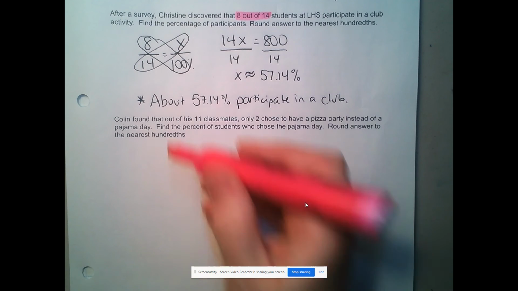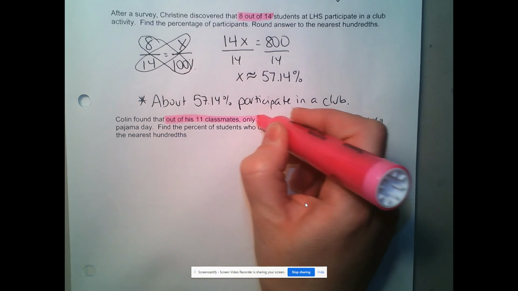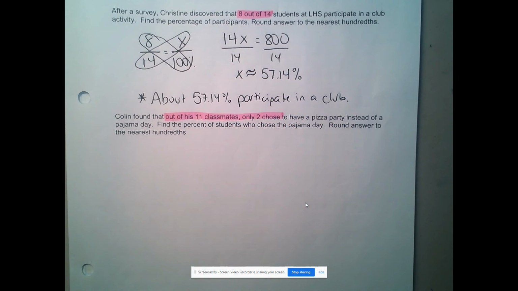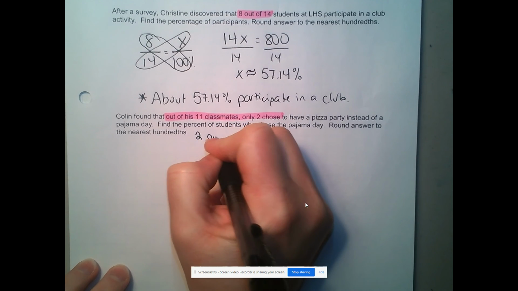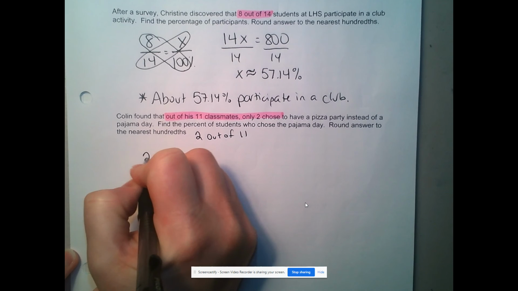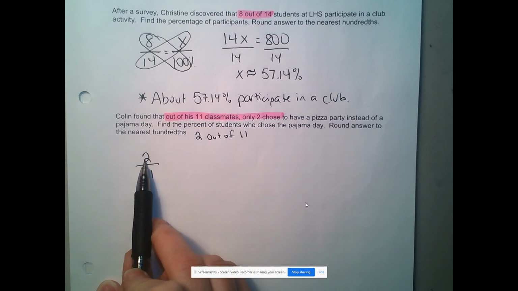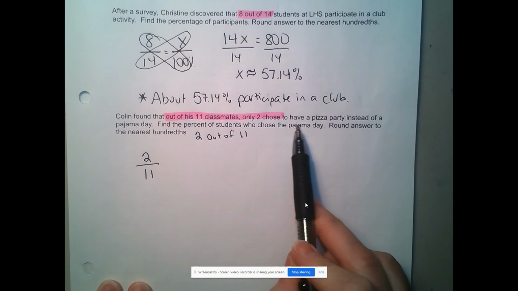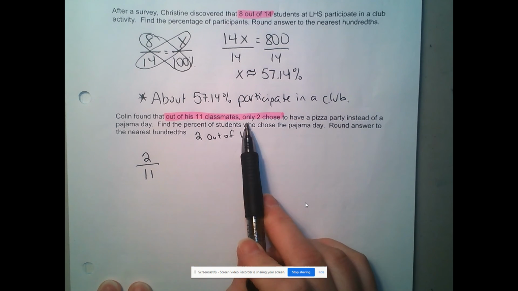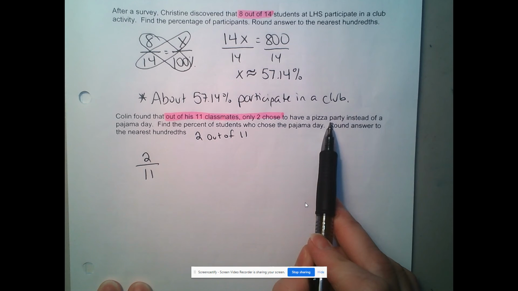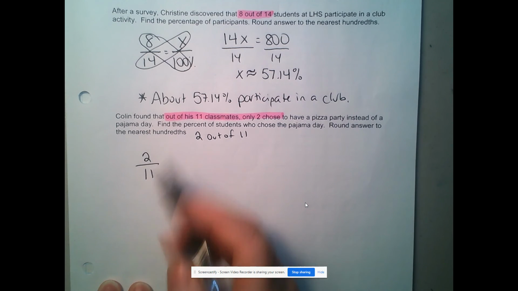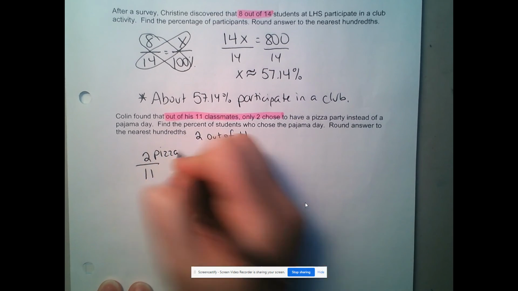So you'll see that this says out of his 11 classmates, only 2 chose. So this is not 11 over 2. This actually says 2 out of 11. So when we write that down, 2 students out of 11. These are the 2 students who chose pizza, right?